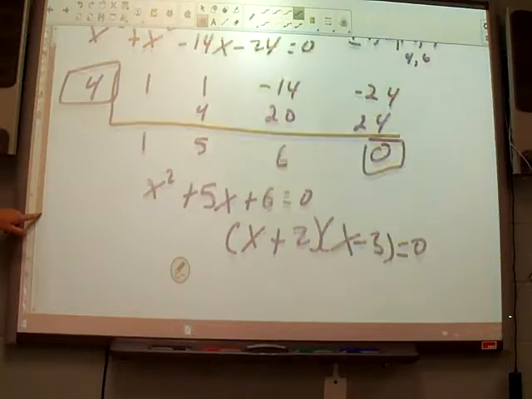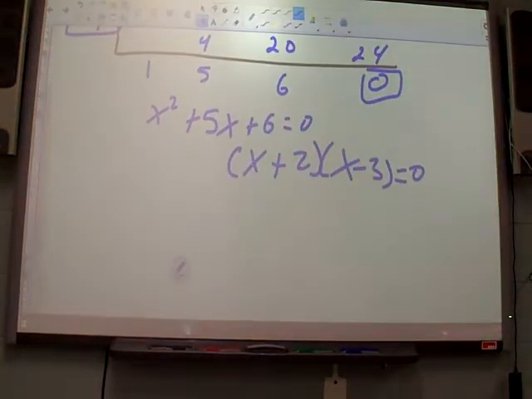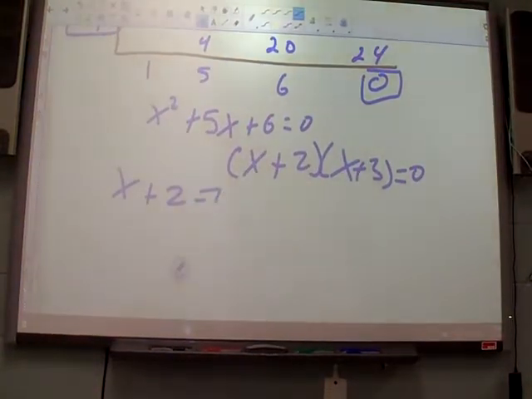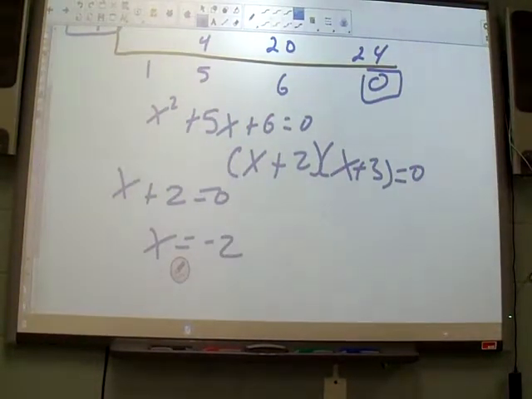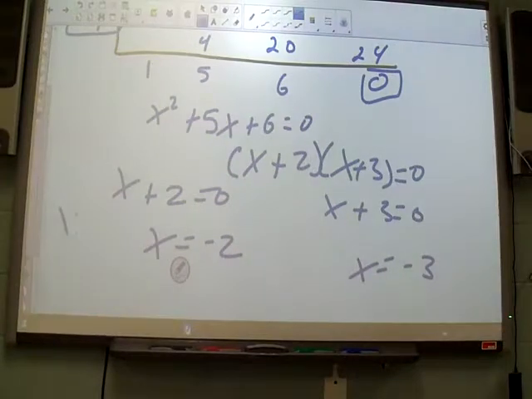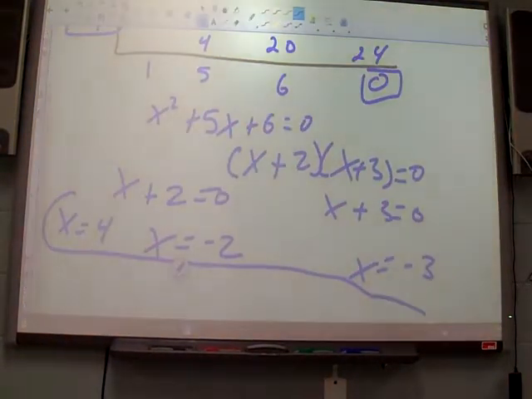Set both of those equal to 0 and solve, and you get a negative 2 and a negative 3. And then don't forget that 4 that we got from the synthetic division.